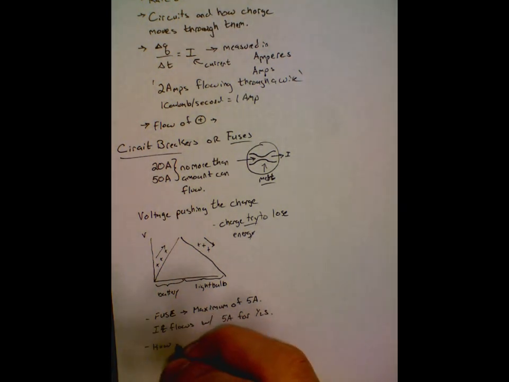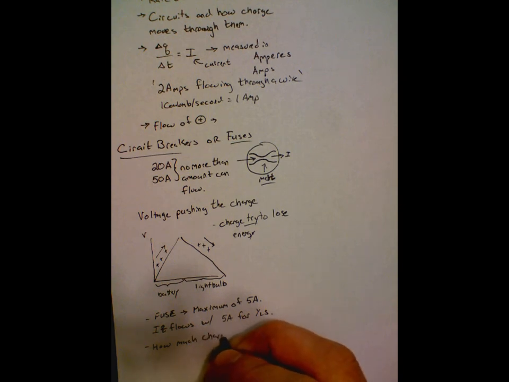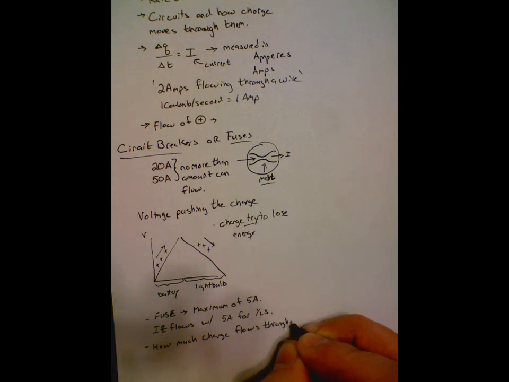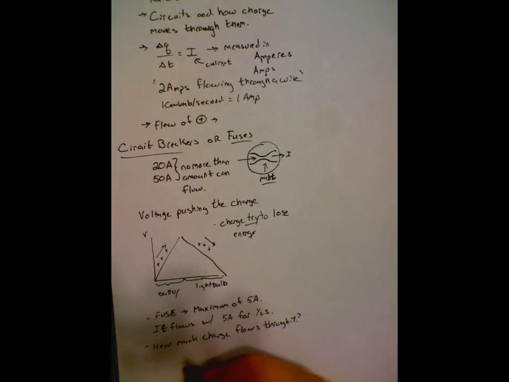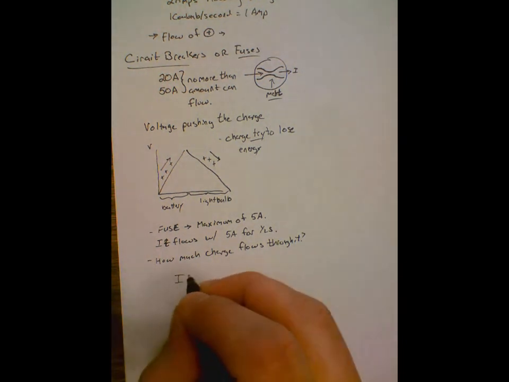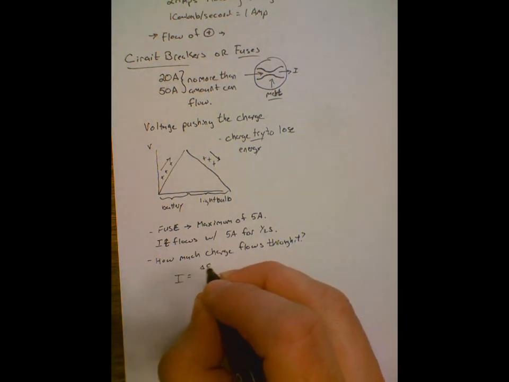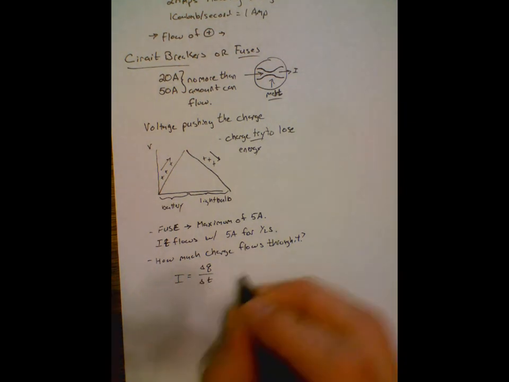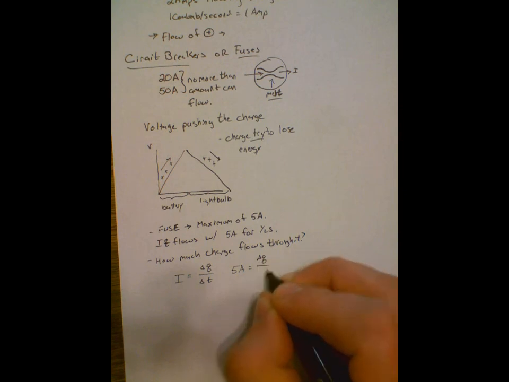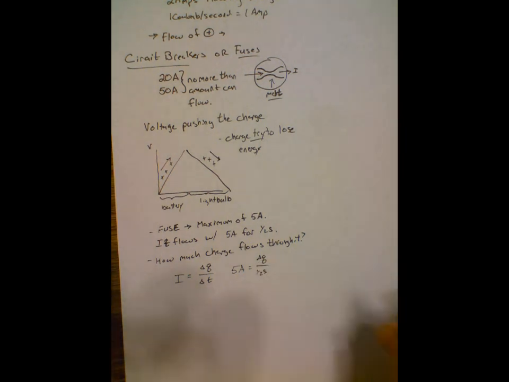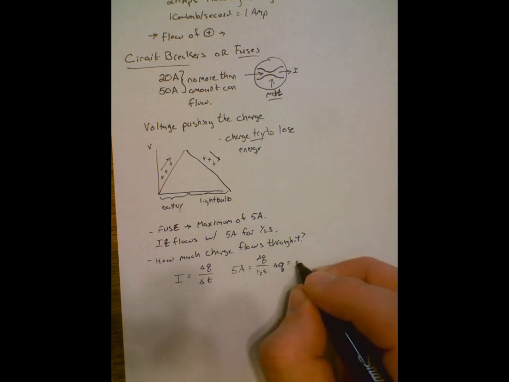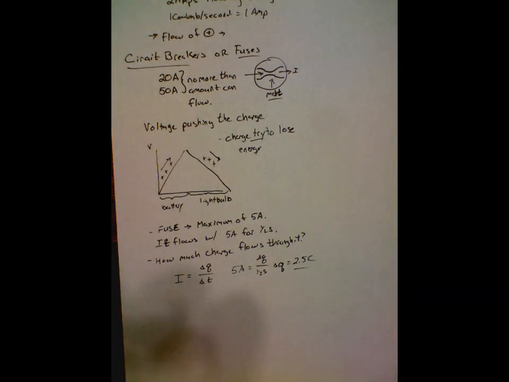How much charge flows through it? Well, we can say I, the current, is how much charge over how much time. We have a current, we're looking for a charge, and we have a time. So our Q is 2.5 coulombs. That's a lot of charge.